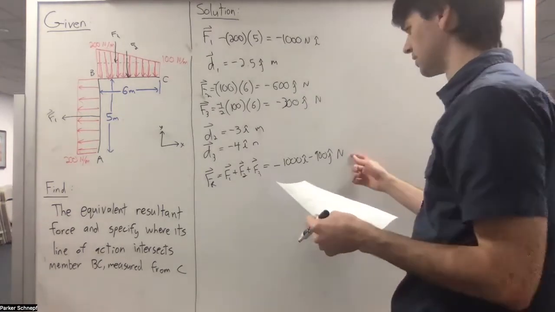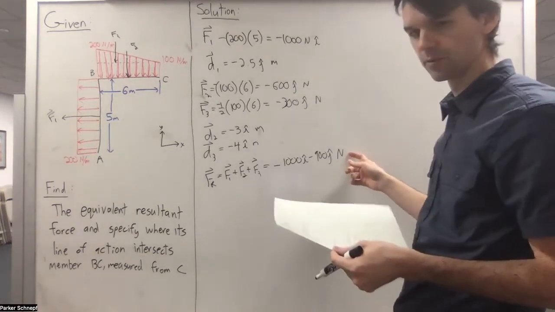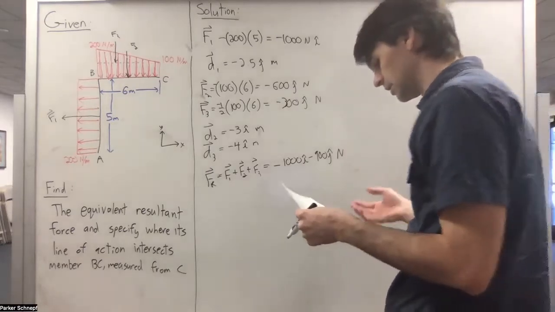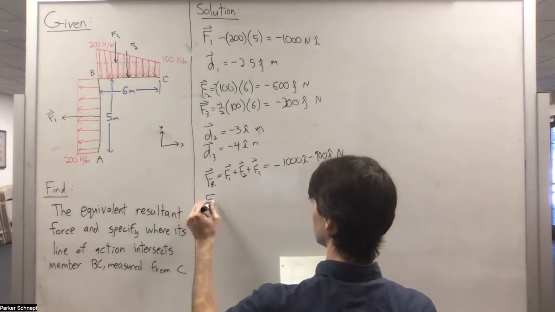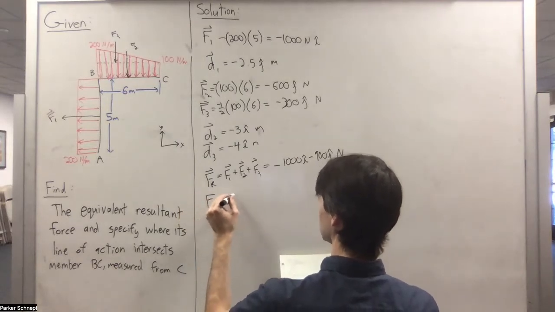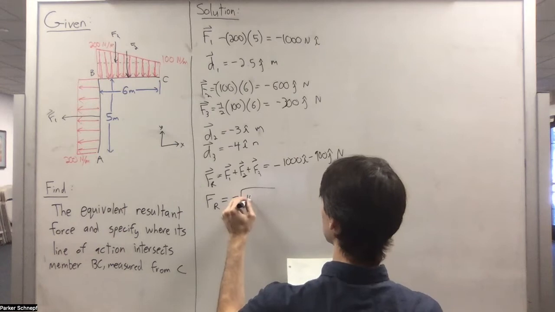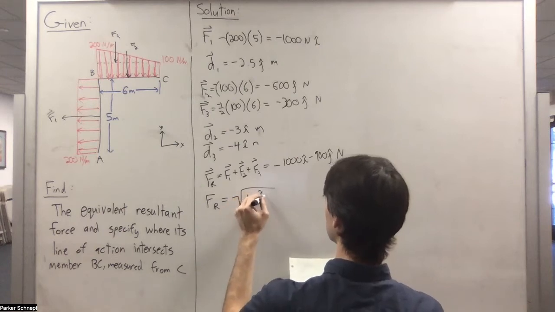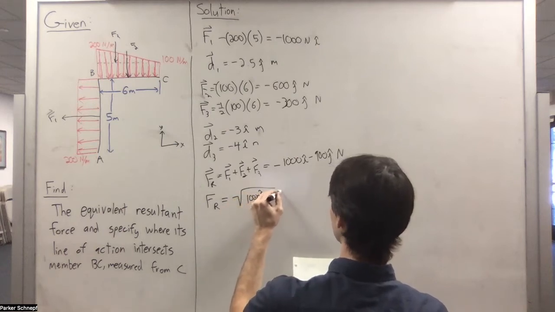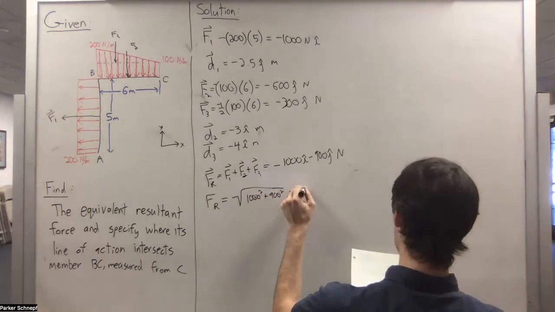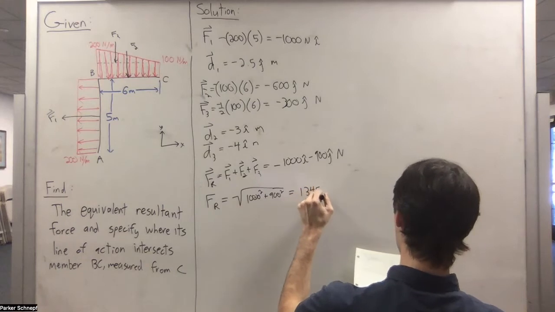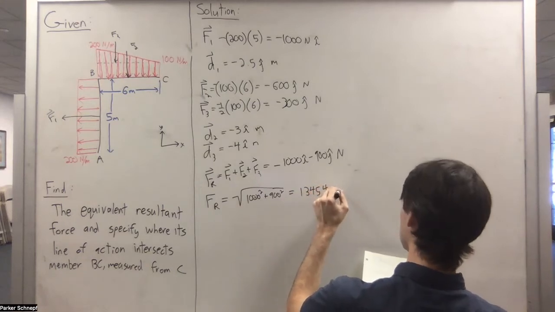They may ask you to not give it in terms of Cartesian. Maybe they want it as a magnitude and an angle, in which case, right, we've been doing this since the start. So the resultant force magnitude is just the square root of the sum of squares, which is 1,345.4 newtons.